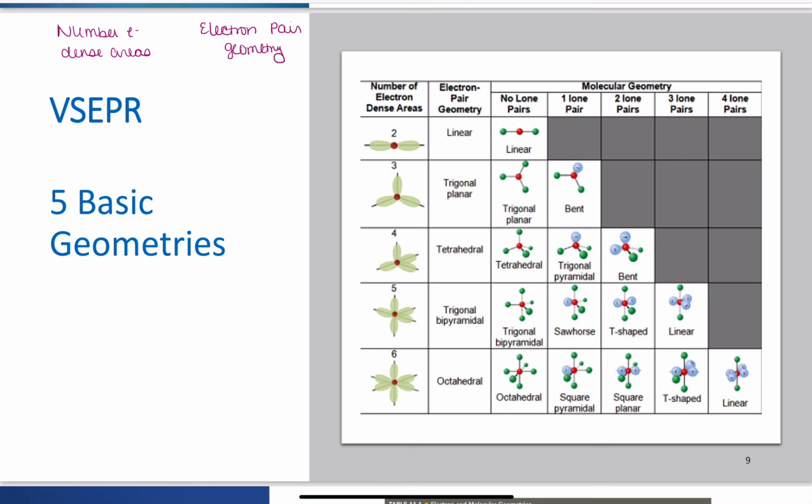You see it right here too. We've got it written right here. But sometimes it's helpful to write it out on your own as well. If I have two areas of electron density, this is like saying I've got X bonded to, let's just say A and A. They're random atoms. But here I have 1, 2 areas of electron density.